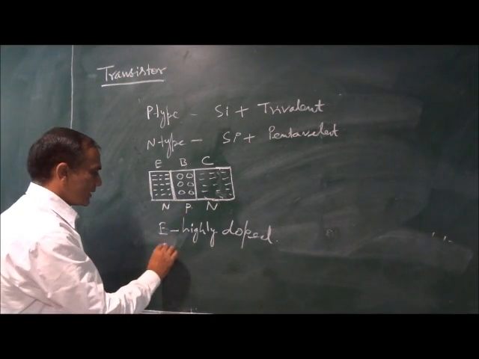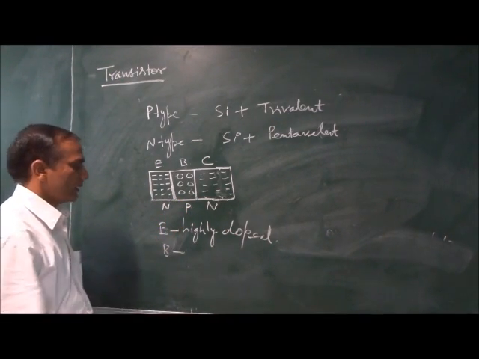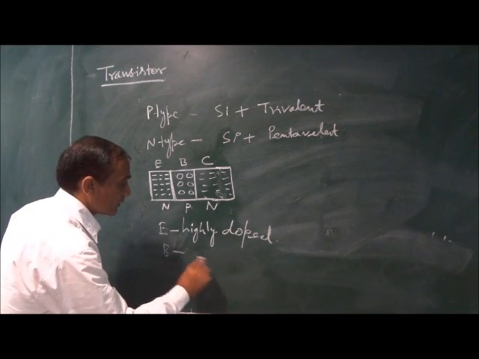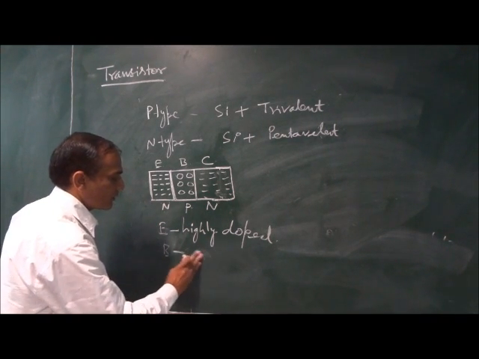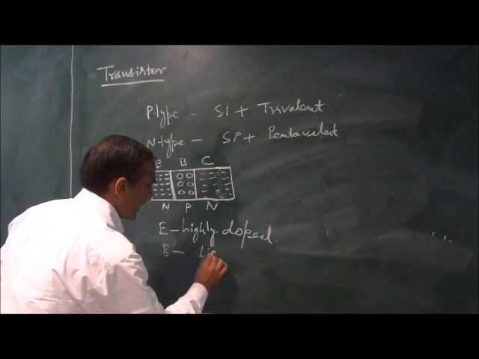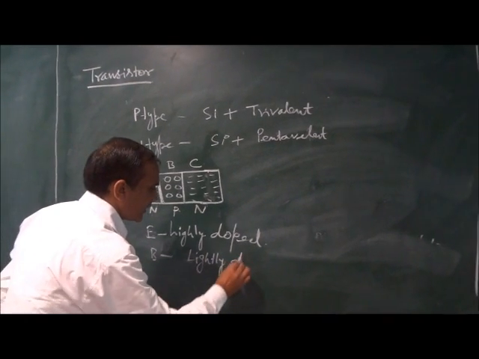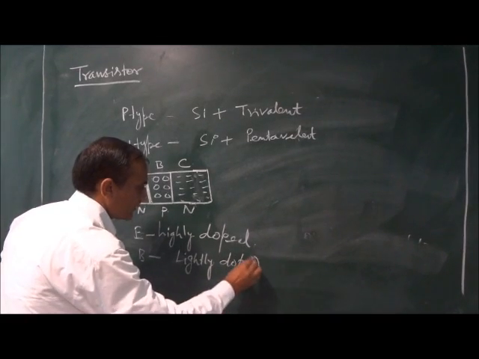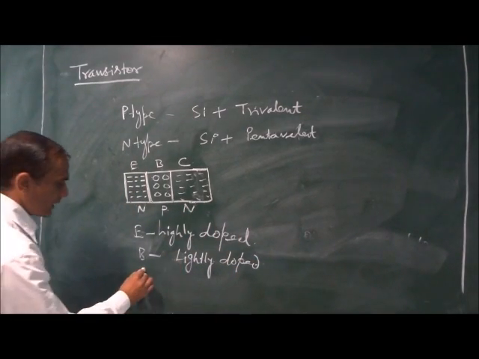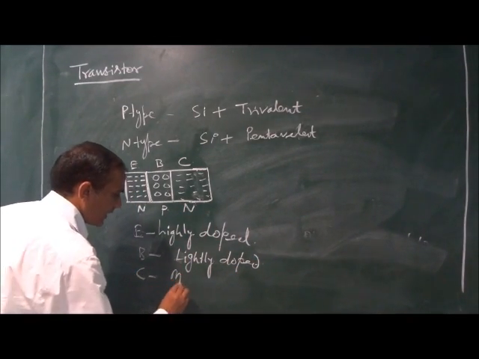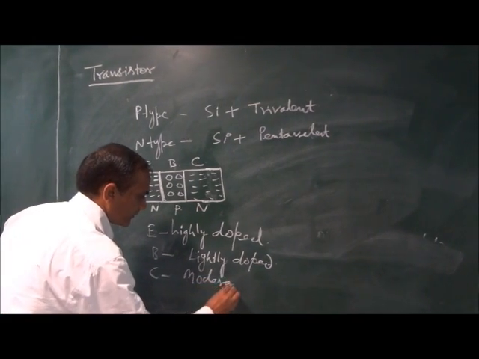And your base region is lightly doped region, and collector region is your moderately doped region.